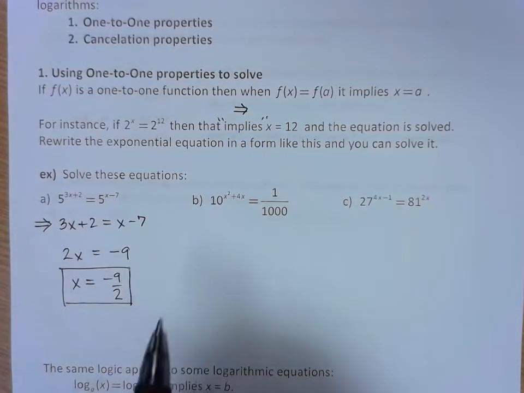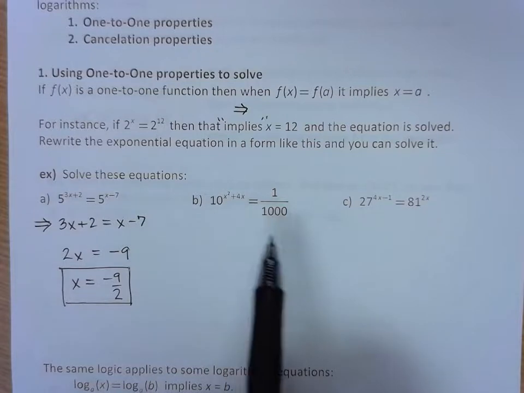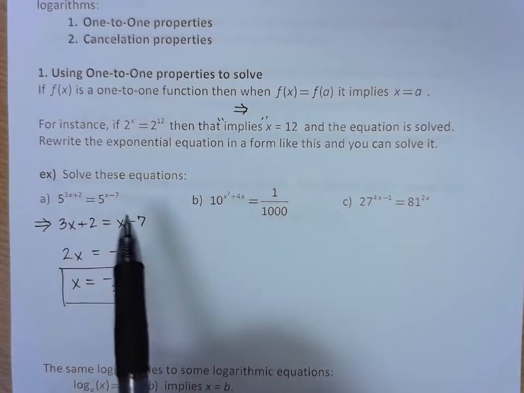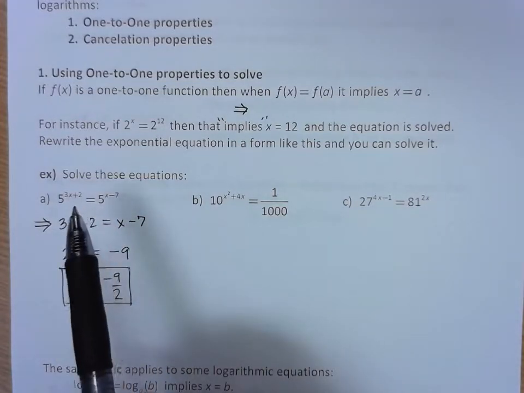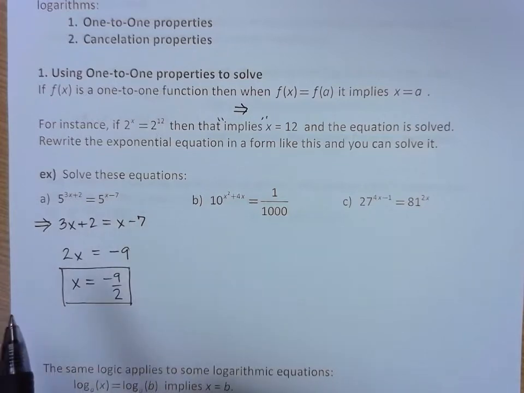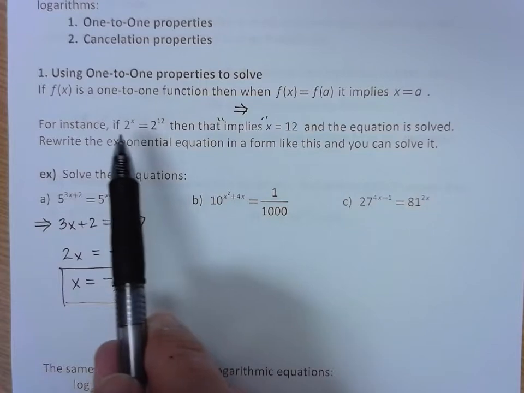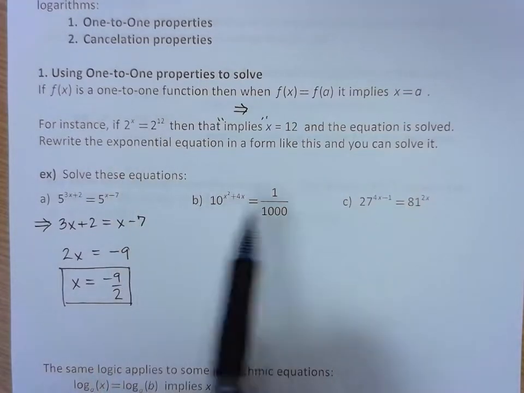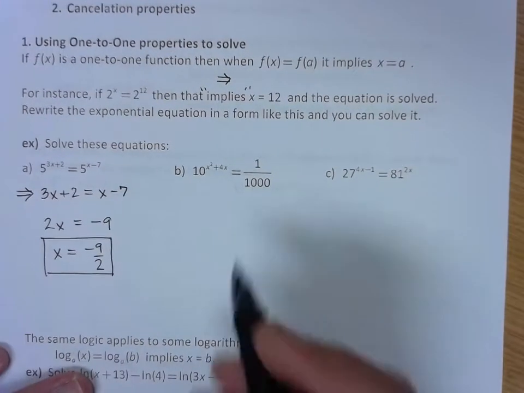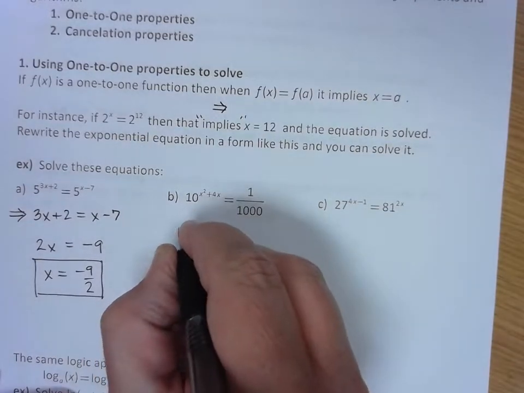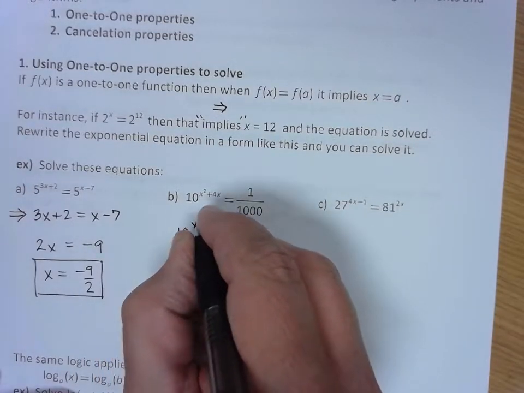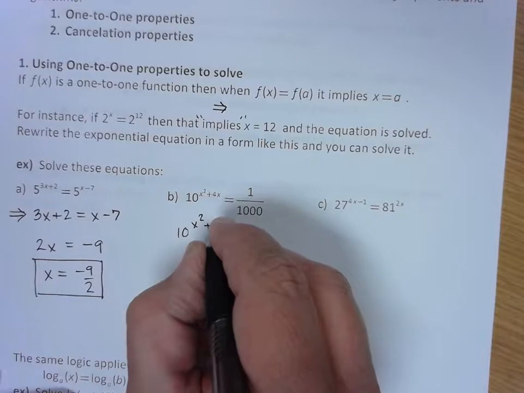Okay. Now in some cases there might be a little more rewriting involved in order to get to use the one-to-one properties. You've got to get both sides written as powers of the same base. So see, this one was ideally suited for that, just like this little example up here. You can rewrite both sides of this equation as powers of the same base. The left-hand side is already a power of 10, 10 raised to the x squared plus 4x.